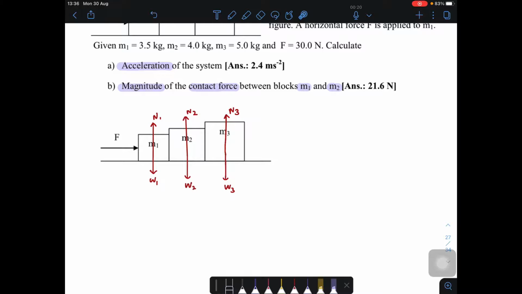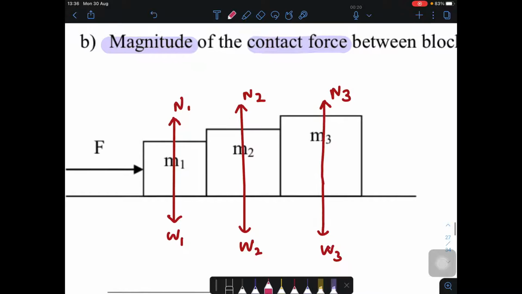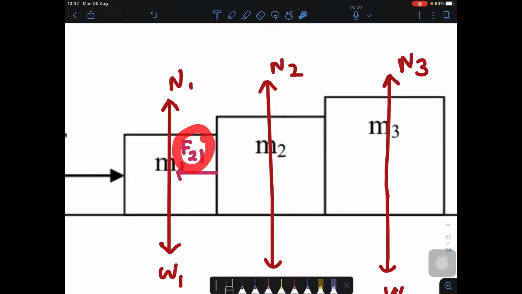Okay, so now tengok dekat sini ya. Dekat block 1, dia akan dapat force daripada block 2. Cara kita tulis ni, force by block 2 on block 1.